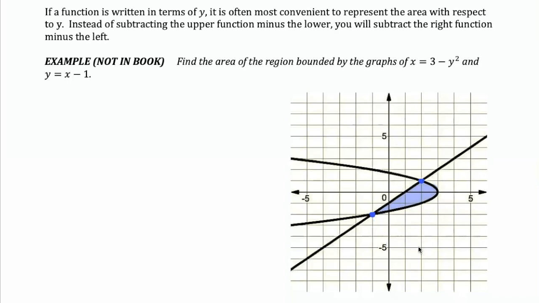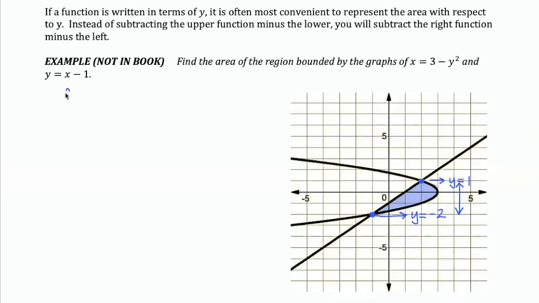If instead you turn your head sideways and look at the y coordinates of your intersection points, this one has a y value of -2. This one has a y value of +1, and my entire shaded region stays between these two values.